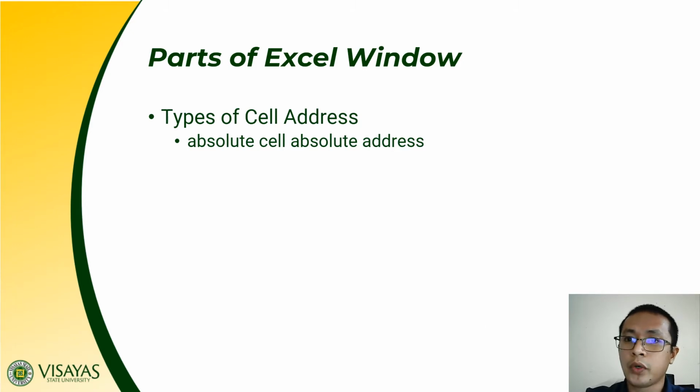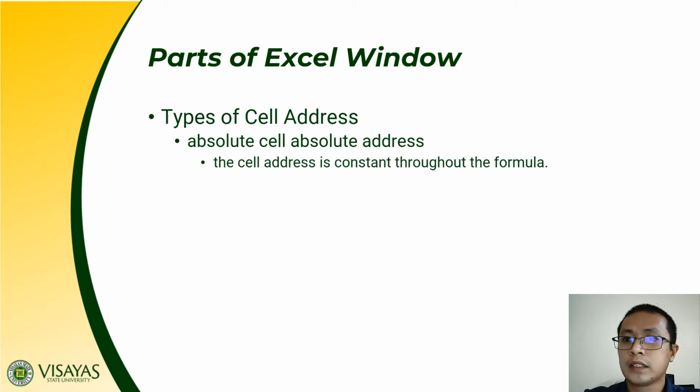Then we also have your absolute cell address. In contrast to a relative cell address, an absolute cell address has a fixed and constant cell address throughout the formula. Meaning to say, this type of cell address will not change when you apply the formula to other cells. It still refers to the same cell address from the beginning up to the end of the formula.